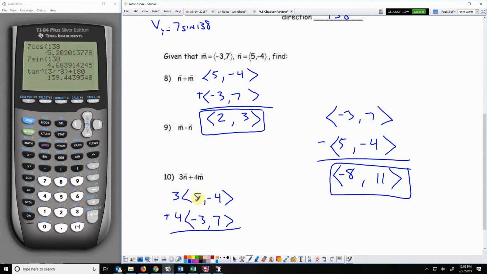So that would be 3 times 5 and 3 times negative 4, so that would be 15, negative 12. And negative 12, 28. 5 plus negative 12 is 3. Negative 12 plus 28 is 16.